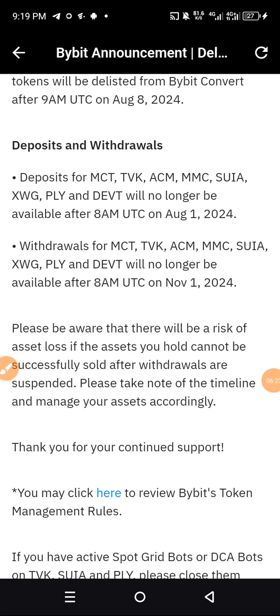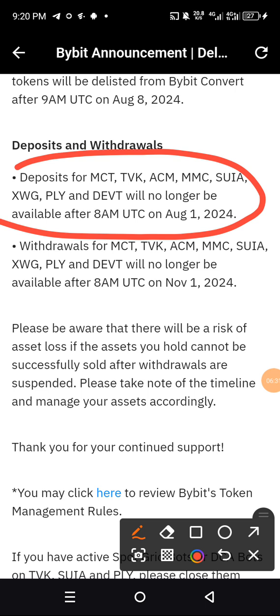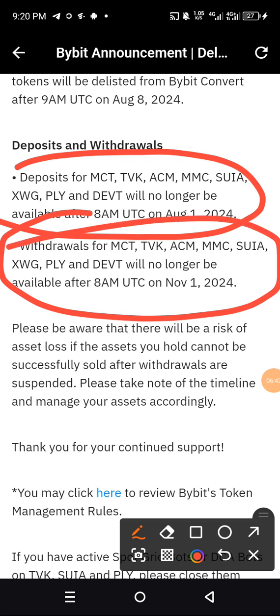The withdrawal will no longer be available after November 1st, and the deposit will no longer be available after August 1st. Mark this. You will be given a grace period of a few months, like 3 months. If you don't withdraw this coin before November, you can no longer withdraw it. But mind you, from August 1st, you can no longer trade this coin. The trading pair for this coin will be delisted.